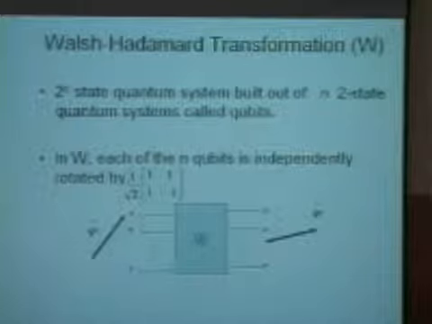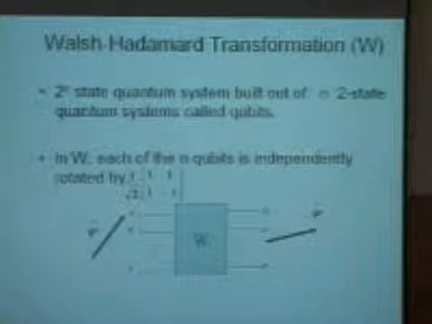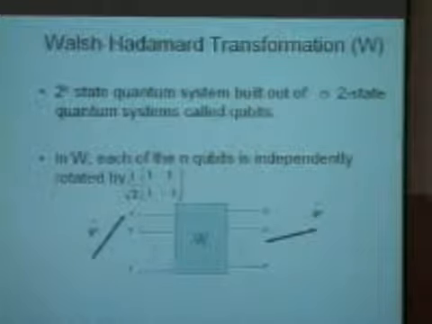from the input. So how is each of these rotated? By this transformation. It is in 2-dimensional space. And what happens to any of the state basis vectors? If you start with 1, 0, you get 1, 1.